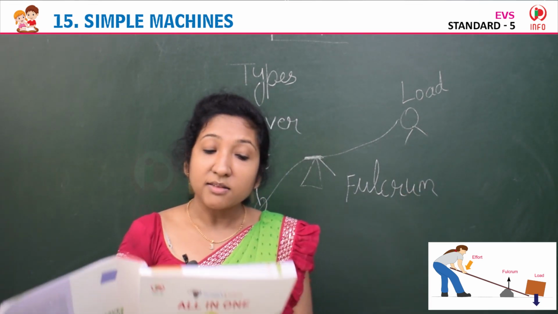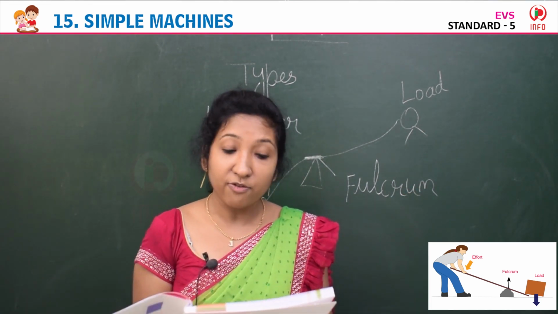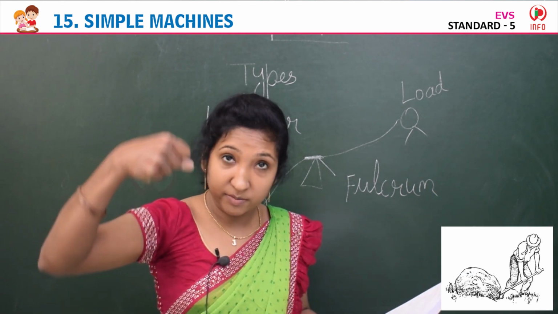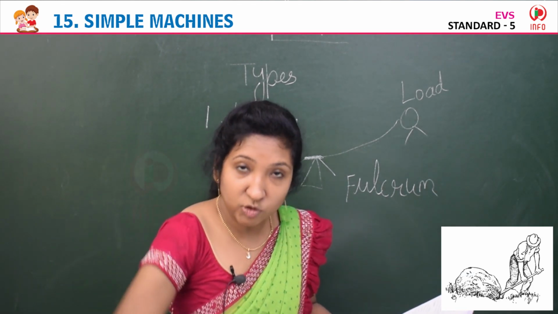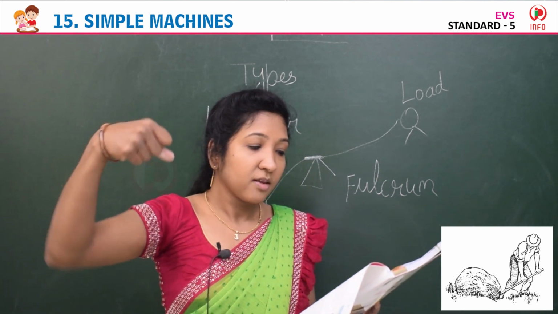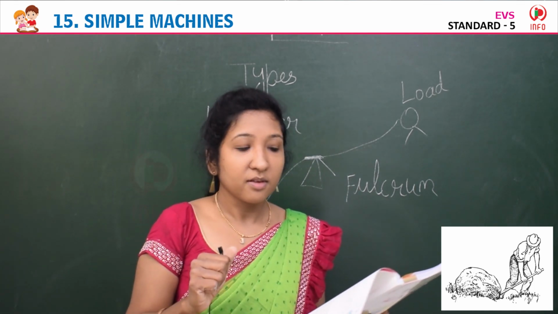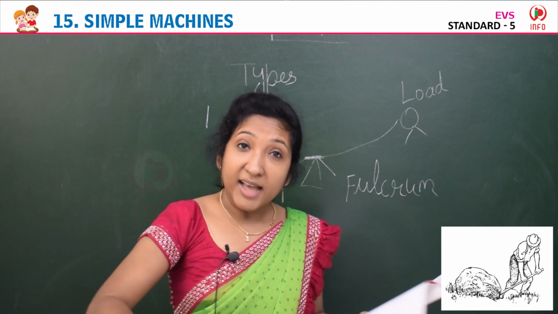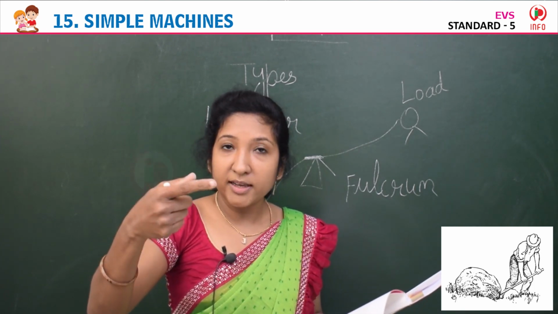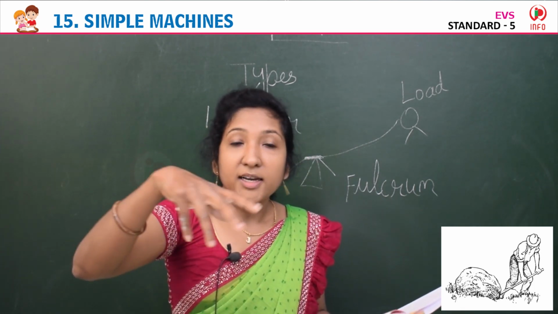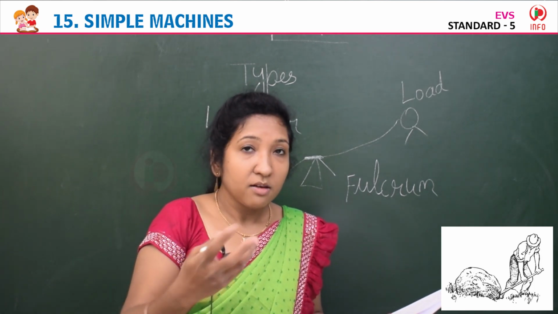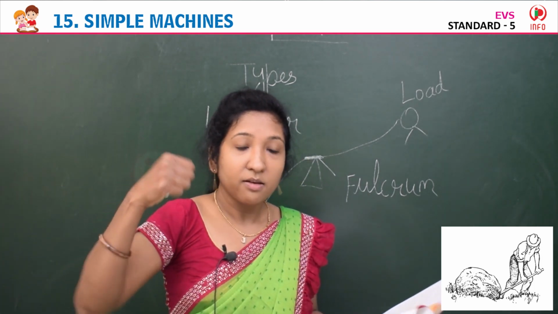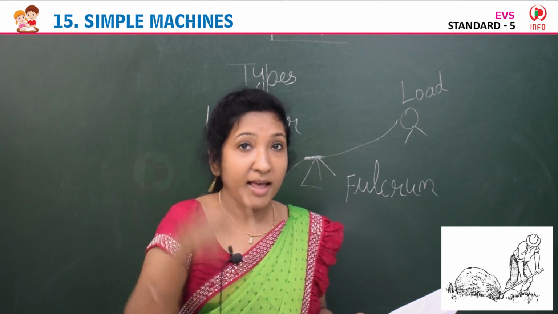Example, consider the lifting or moving of a very heavy object from the ground. There are two ways to do it. One is to lift it directly with the hands. As I said earlier, you wanted to open the lid of that gulab jam tin using your hand, but you couldn't, that's why you took the help of the spoon.